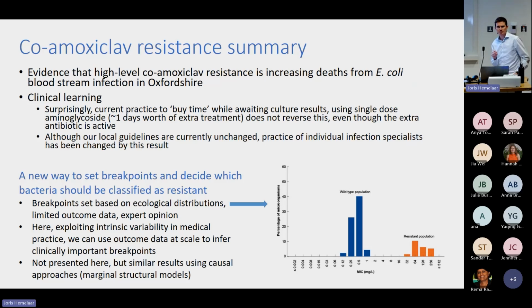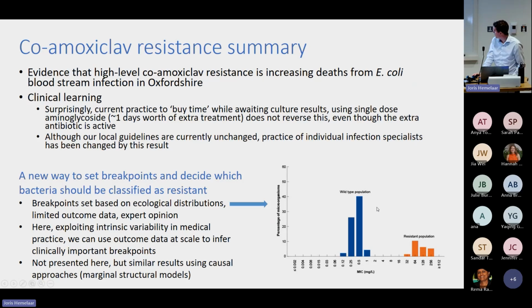But I think there's also a much more generic point here, which is this gives us an insight into a better way to set antibiotic resistance breakpoints, because how we decide whether something's resistant or susceptible is largely driven by these ecological patterns that we see.